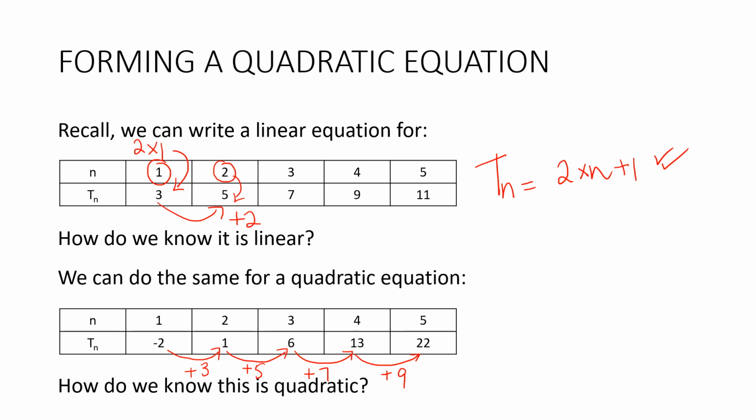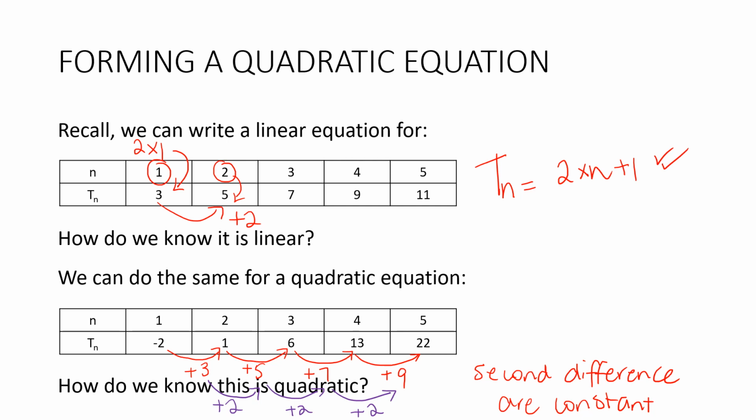So what we say in this case is the second differences are constant, or they're the same. What I mean by that is, it doesn't go up by the same amount each time, but if we take the second differences, look at this, plus 2, plus 2, plus 2, the second differences are the same, and that's what makes it quadratic.